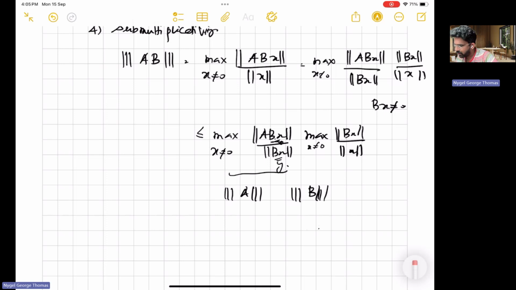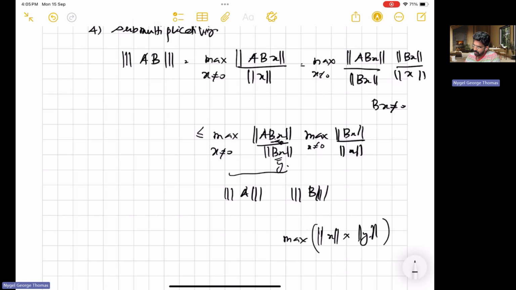Okay, let's try to understand this. We have two vectors x and y. So we're trying to find max of x into y. X into y being a norm of x into norm of y. So you take some random norm, you find the norm. These are indeed two positive quantities.